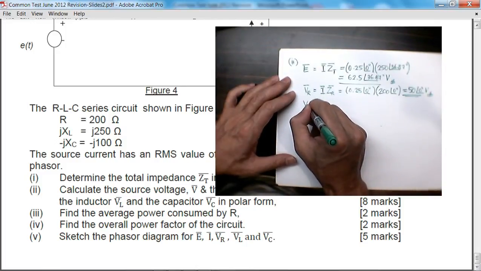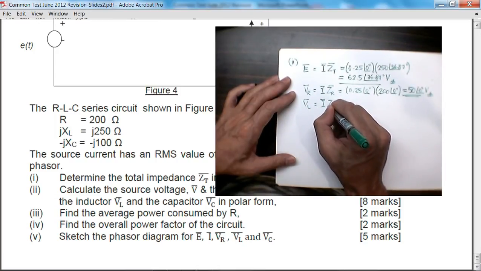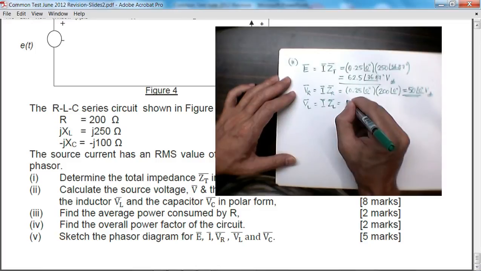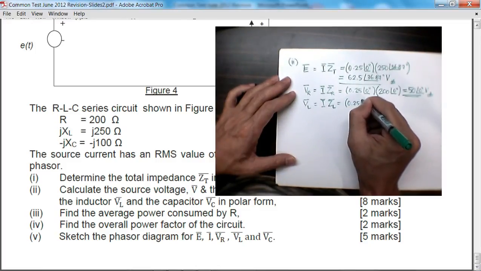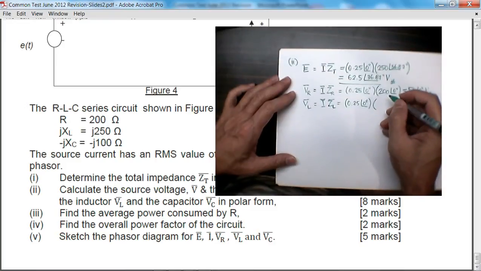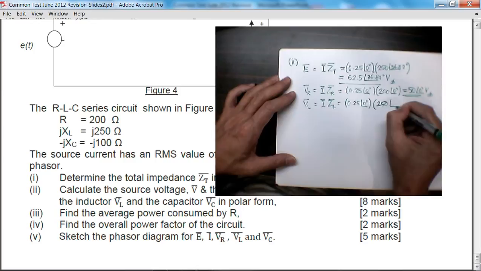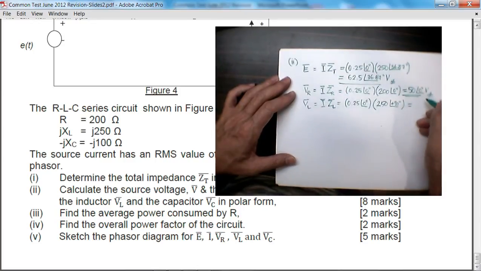Similarly, for the voltage across the inductor, we have I times ZL. It's equal to 0.25 angle of 0 degrees, multiplied by ZL. ZL is given as 250 at an angle of positive 90 degrees. That gives us 62.5 angle plus 90 degrees.